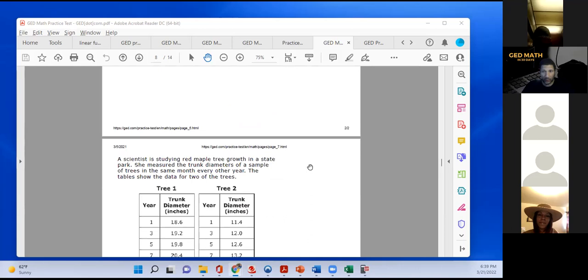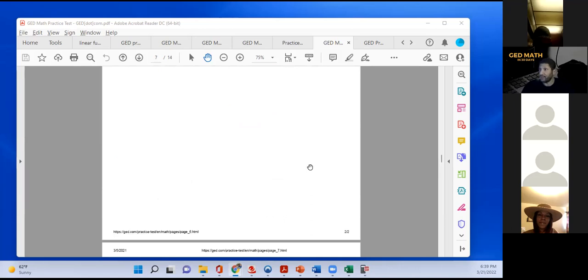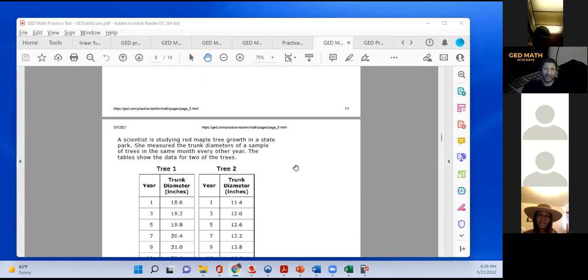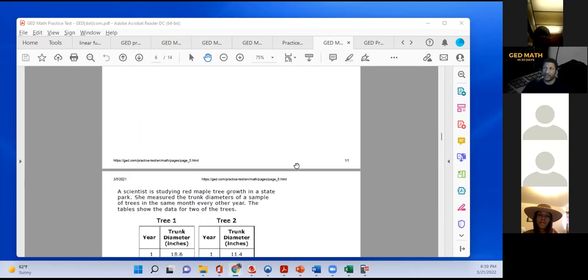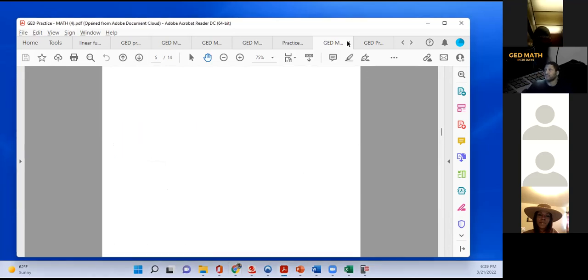Sometimes they give you so much information you might not need it all. You get intimidated because they're giving you 3 paragraphs, 2 tables, then a diagram. Read the question first so you know what information is important and what information you can use. Just keep that in mind.